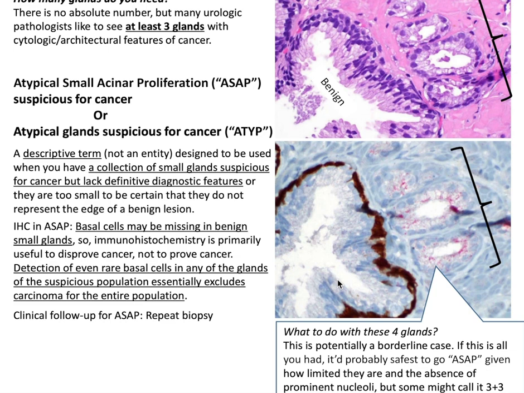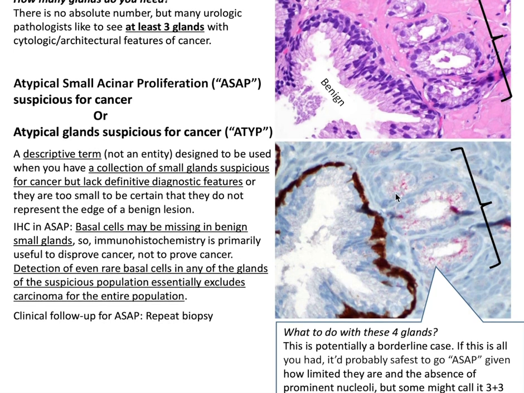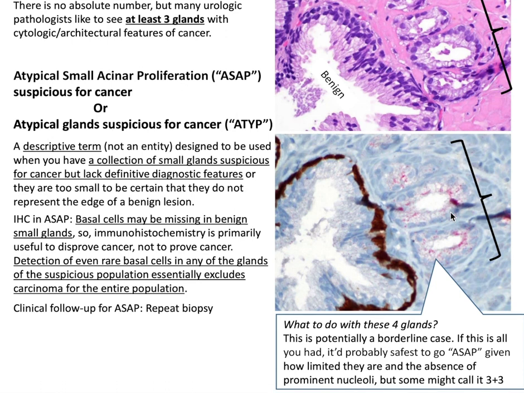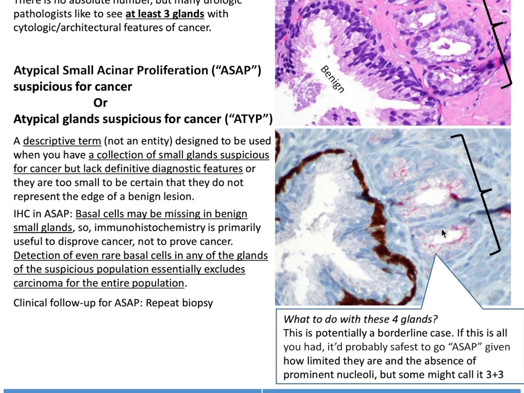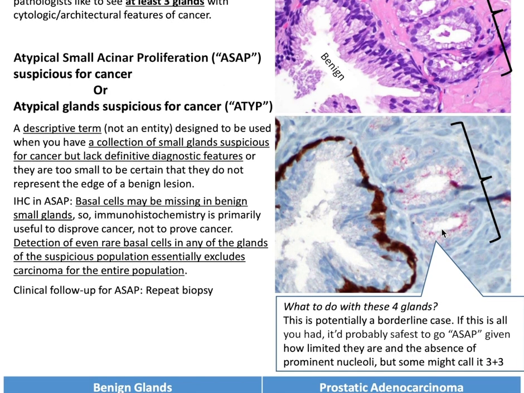So here, Dr. Schabberg shows us just 4 glands without basal cell markers with some AMACR staining. He says this is potentially a borderline case, and if this is all you have, it would probably be safest to go with ASAP, given how limited they are and the absence of prominent nucleoli. But some might call it 3+3.